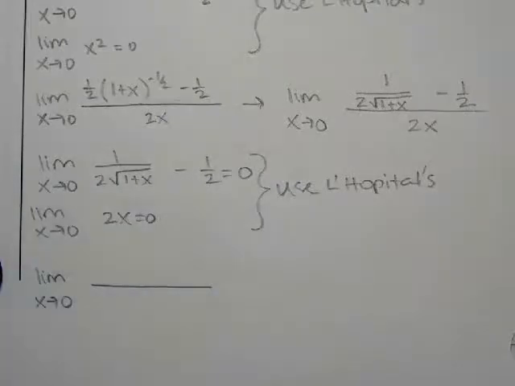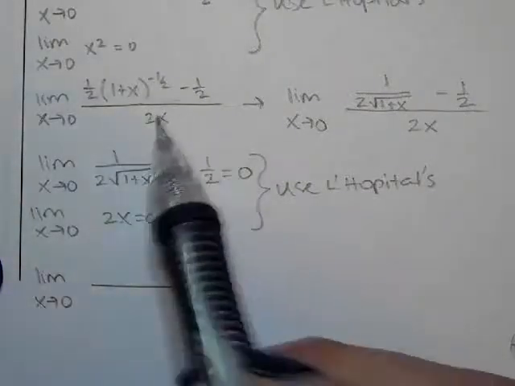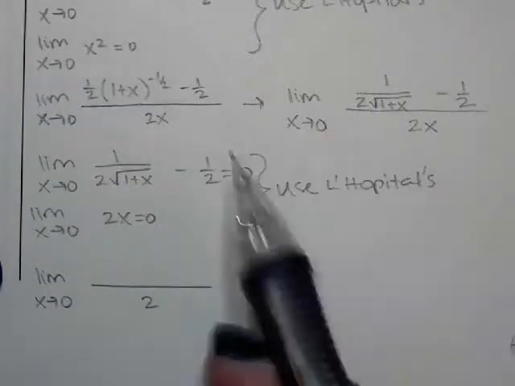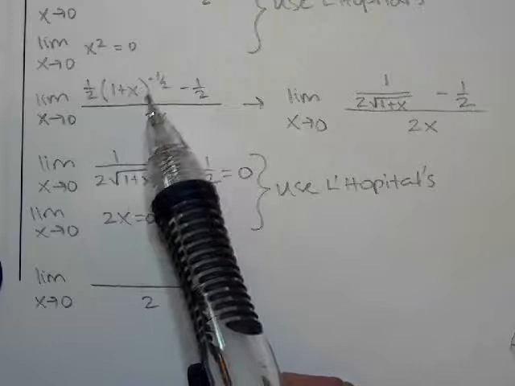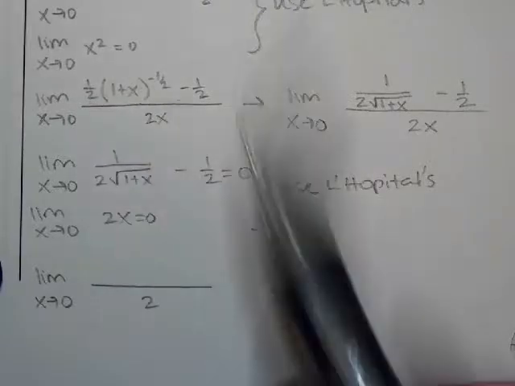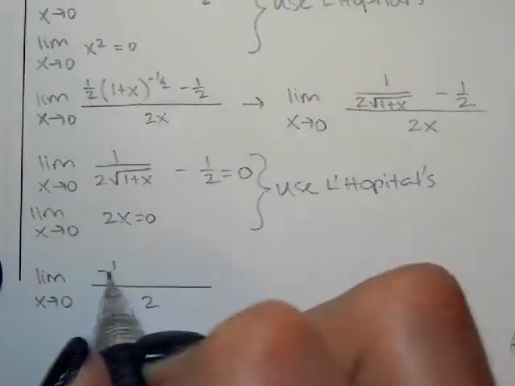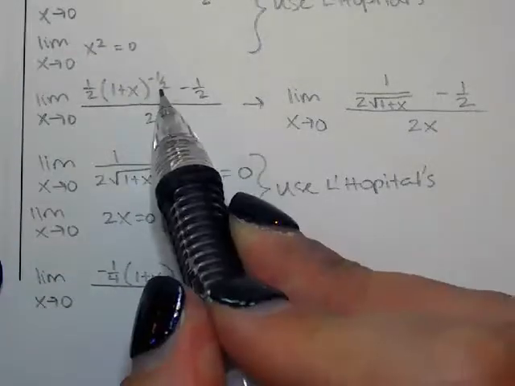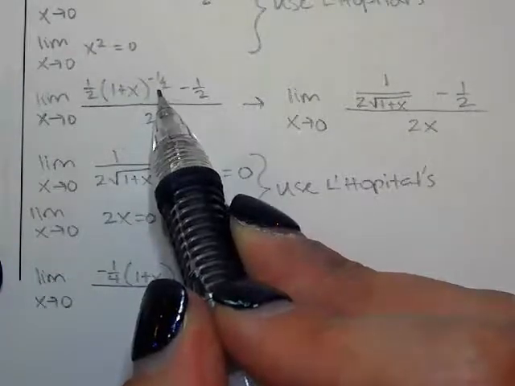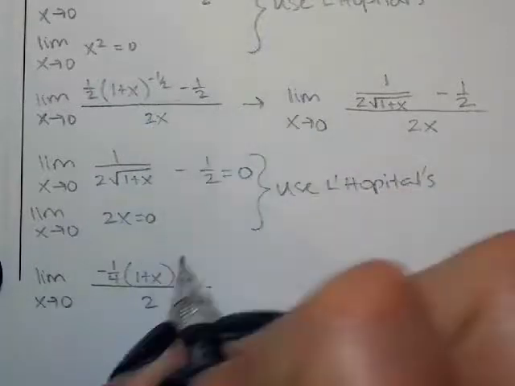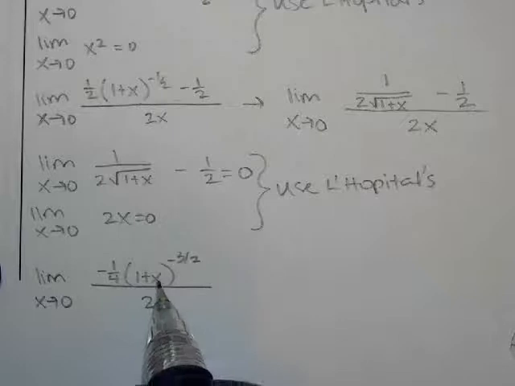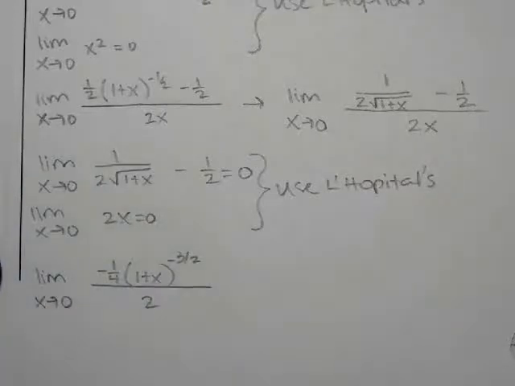Now the derivative of the top: negative 1/2 minus 1, negative 3/2. And if we were to multiply by the derivative of the inside, it would just be 1. So the chain rule is a chain rule, but it doesn't really make a difference. And then the derivative of negative 1/2 is 0. Okay.